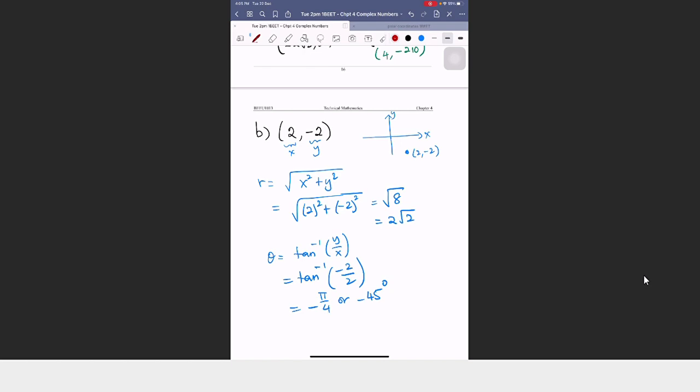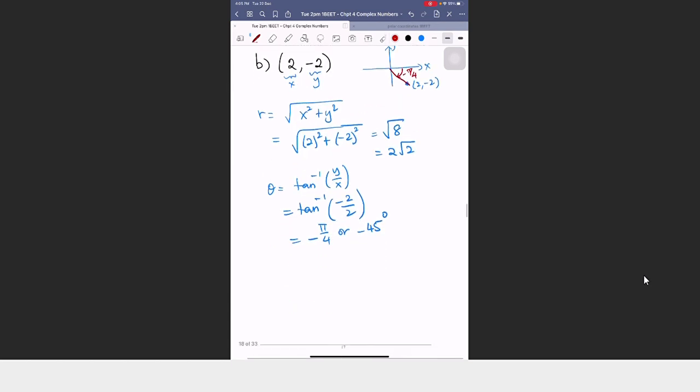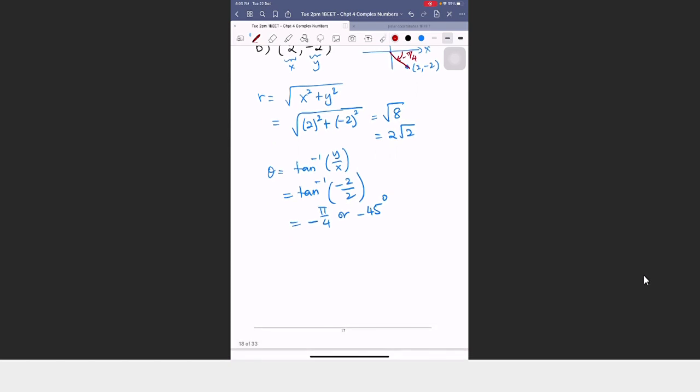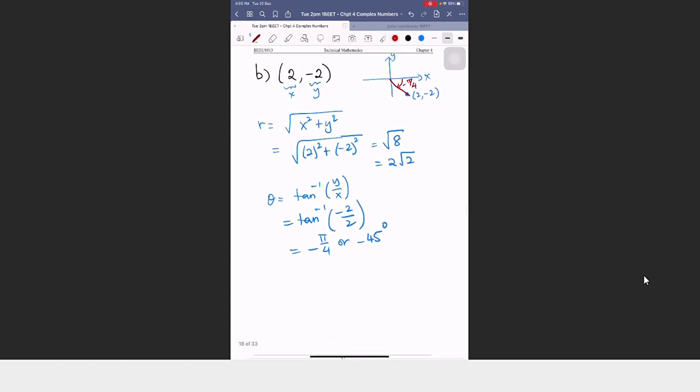Up to you. -pi/4 or -45 degrees is already in quadrant 4, and the coordinate is also in quadrant 4. So you can leave your answer as -pi/4, you don't have to change. But if you want to change to a positive angle, you can also. Up to you.